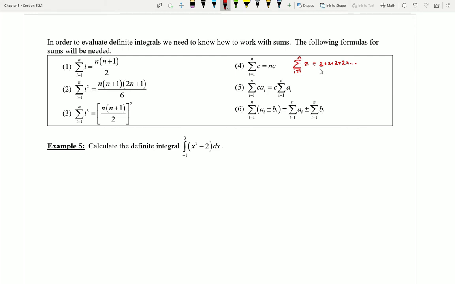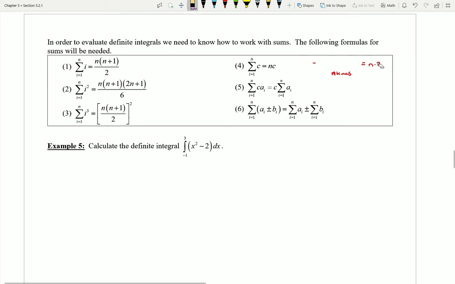But if I'm going to add up 2 to itself a total of n times, then what I should end up with as a result is n times 2, which is exactly what this says over here. If you add up a constant n times, then you should end up with n of those constants. That's nothing really surprising, but it just looks really confusing in this new form.